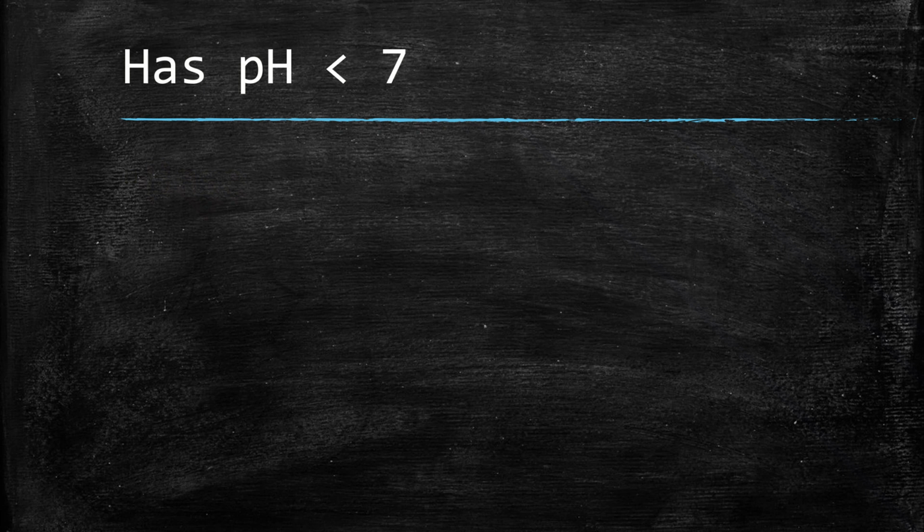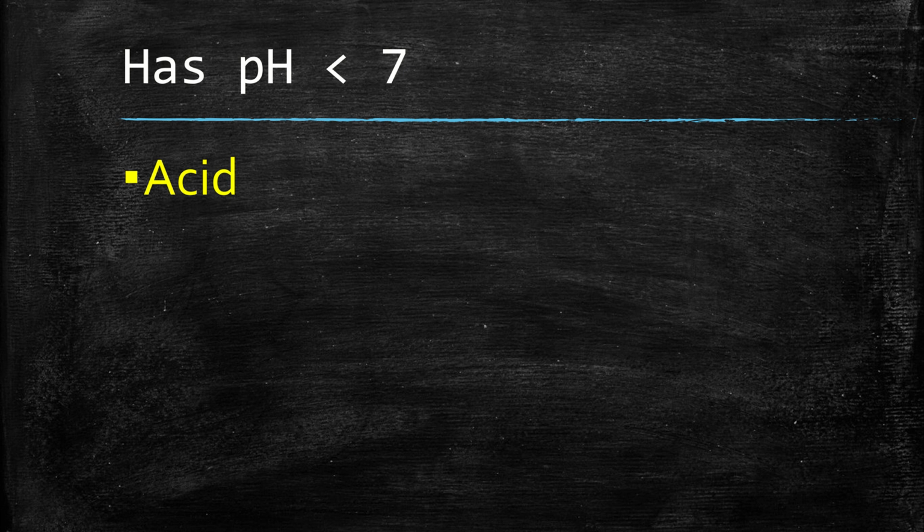The pH scale. If you have a pH less than 7, that's going to be an acid. The pH scale generally runs, at least for on-level chemistry, from 0 to 14. I say on-level chemistry because in physical science we go 1 to 14, and if you go farther and take it in college, you will see that the pH scale can go anywhere, even negative.